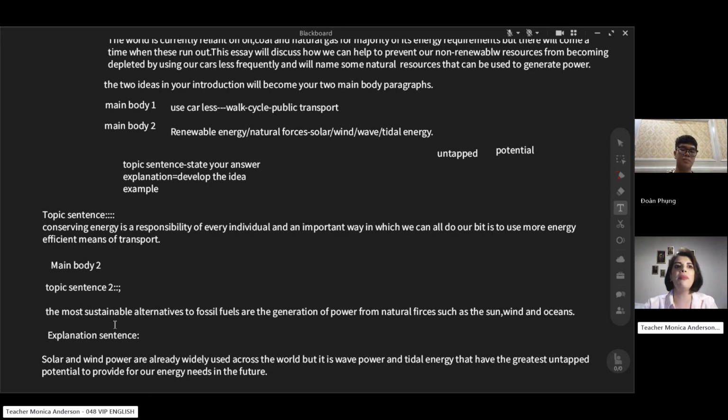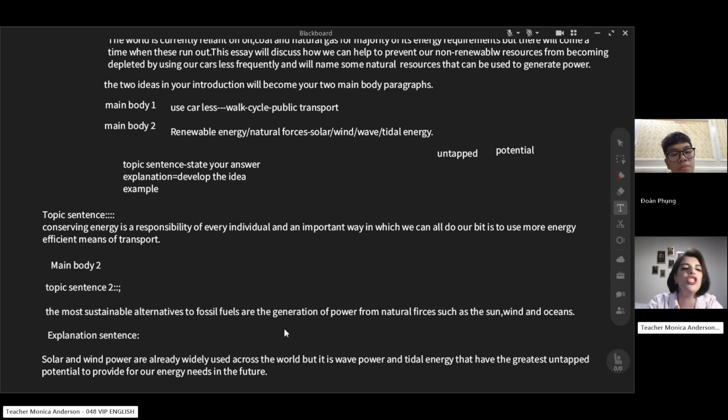You know that you write at minimum about 250 words. After you've written your conclusion, you can link all your ideas together, sum up your argument or opinion. You can say in conclusion or to conclude. For example, in conclusion, our Earth's reserves of fossil fuels will not last forever.